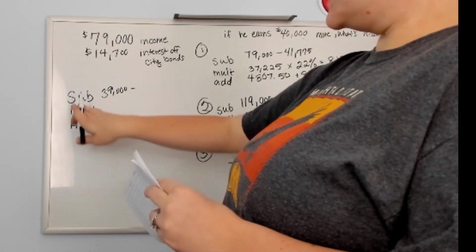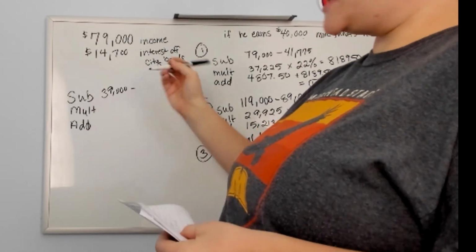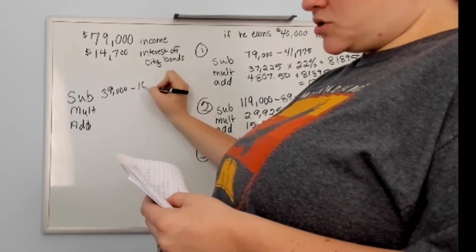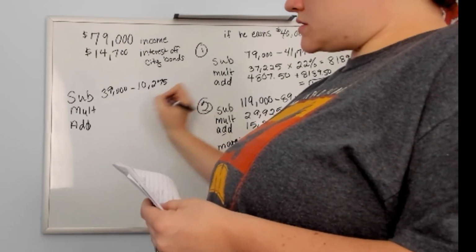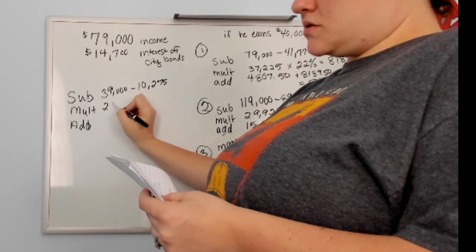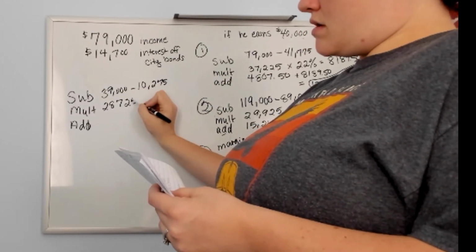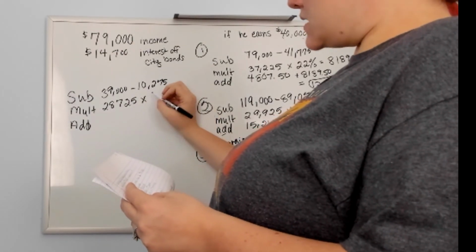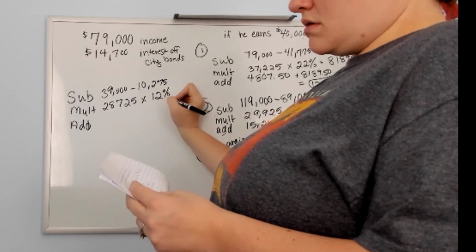Now we're going to do our problem. So, looking at your tax bracket sheet, for 39,000 you're going to subtract the $10,275, which gives us 28,725. We're going to multiply that by the tax percentage, which is 12%.